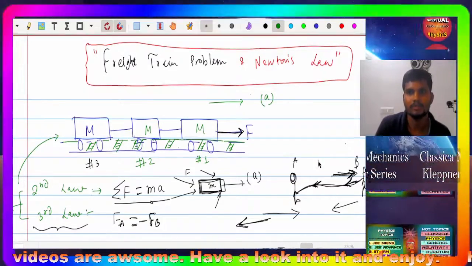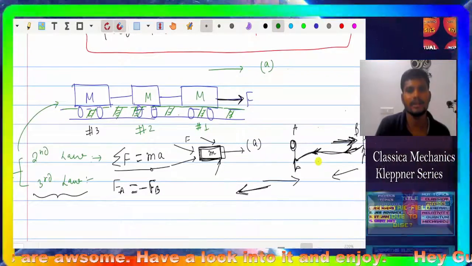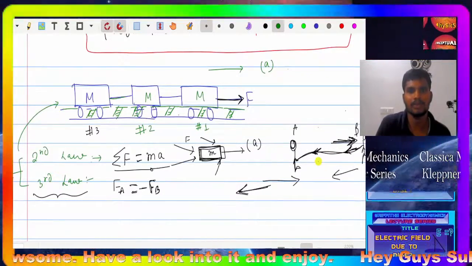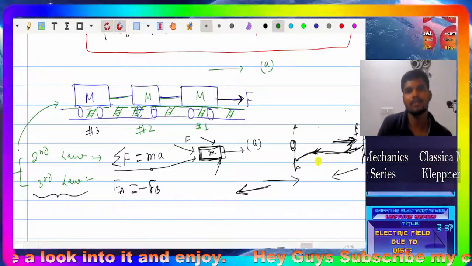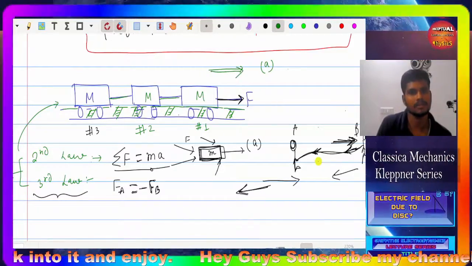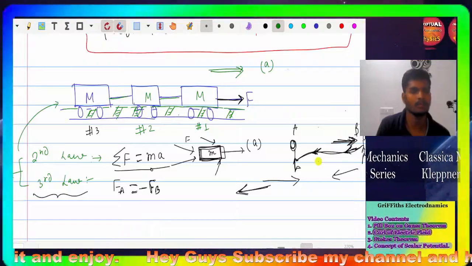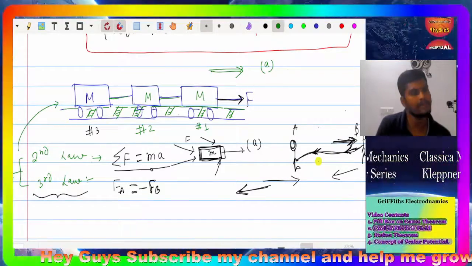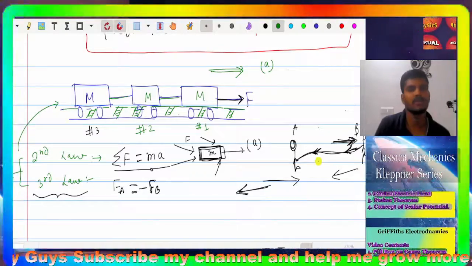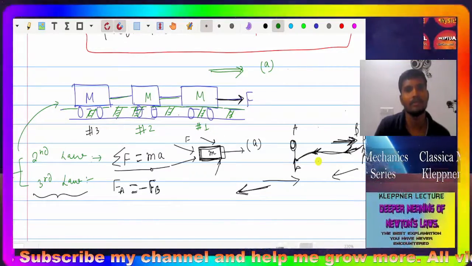How will you do it? You can see in the figure that these coaches are attached, therefore whenever any force is acting, they are constrained to move with the same acceleration, because they are attached and cannot move with different accelerations. They all share the same acceleration, but obviously the forces acting on each will be different.